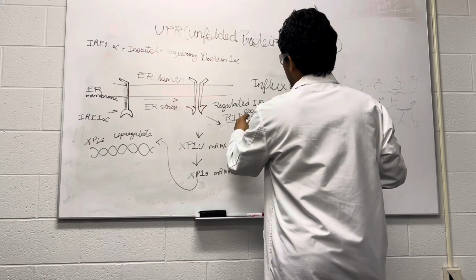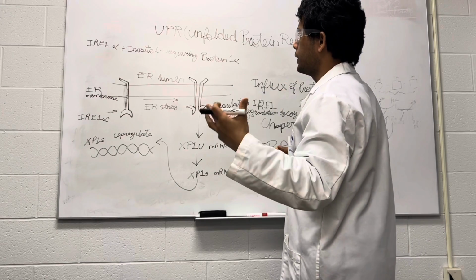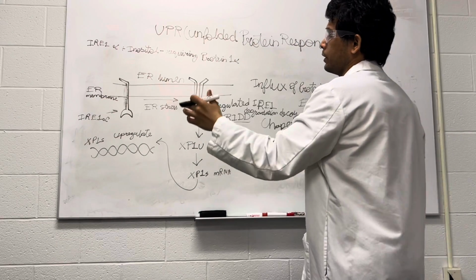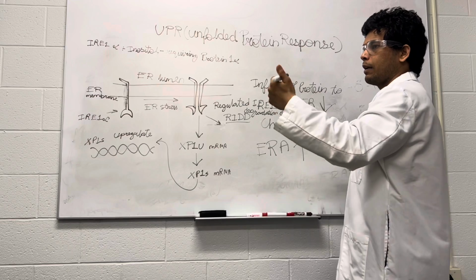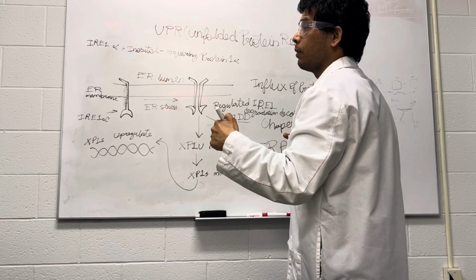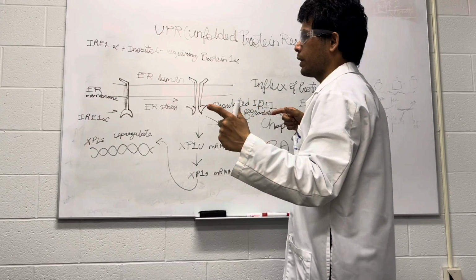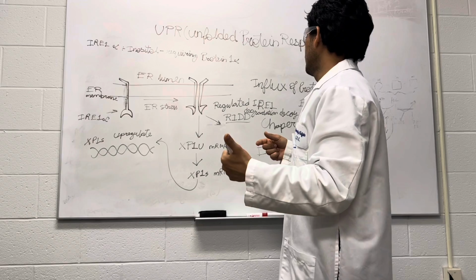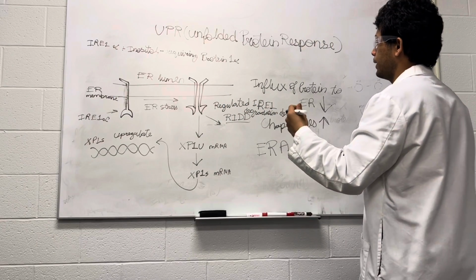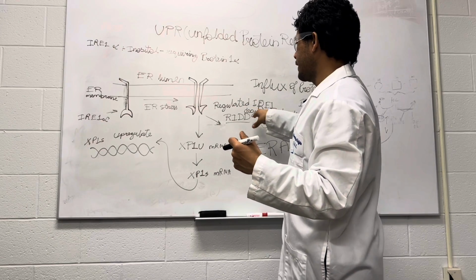So in this RIDD, the proteins that are not essential at this moment for cell survival, and those proteins that will come into the endoplasmic reticulum, these two criteria need to be fulfilled by a protein, and if these criteria are fulfilled, then they might be downregulated in this RIDD pathway.